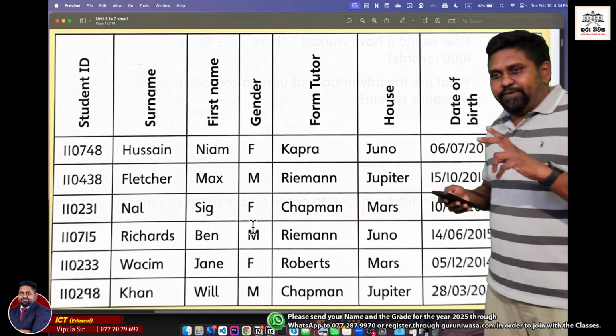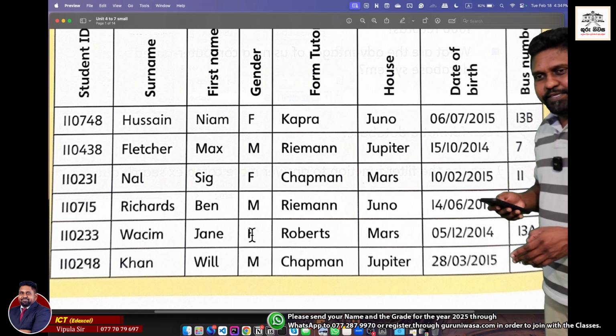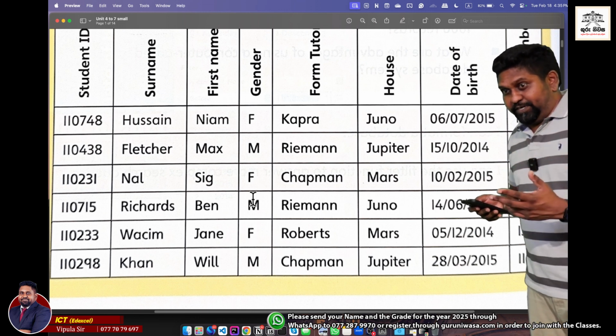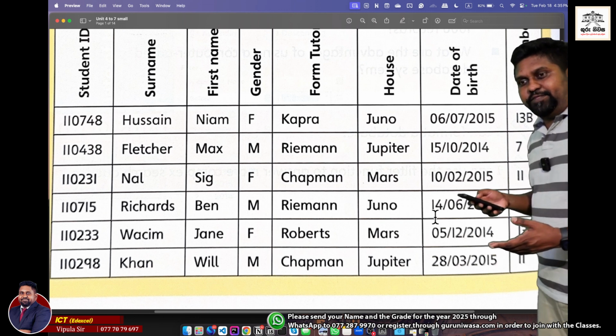Okay, now here, when I scroll down, you can see we have 3 boys, 3 male students. 1 born in 2014. That means Max was born in 2014. Then we have Ben, but was he born in 2014?